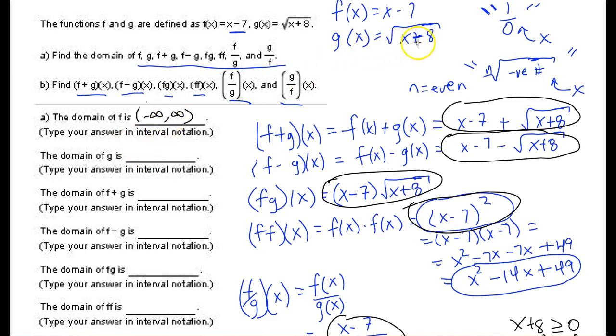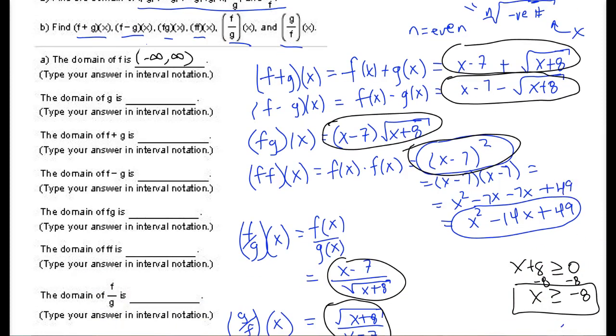For g, we know that this particular function here, the x plus 8 has to be greater than or equal to 0, like we said down here. And of course, this means that the domain of g is all values of x that are negative 8 and larger.